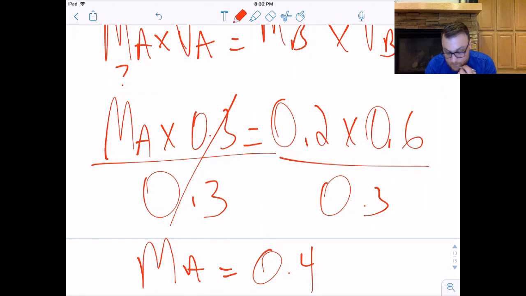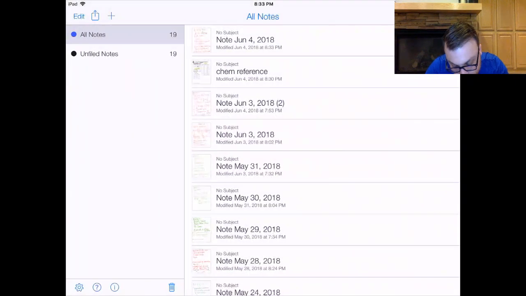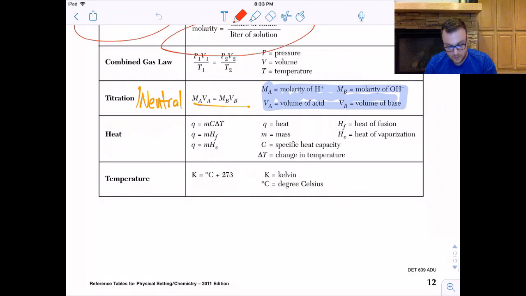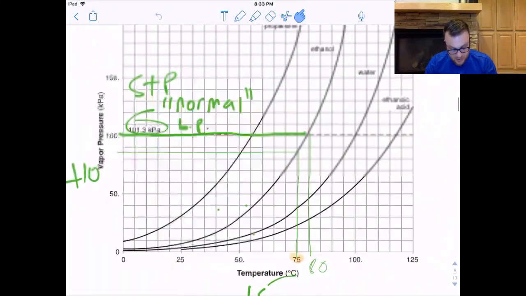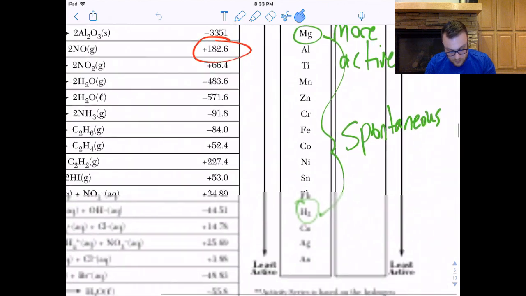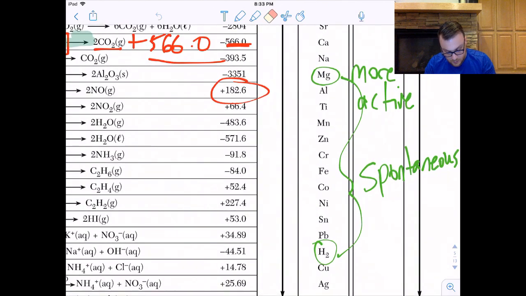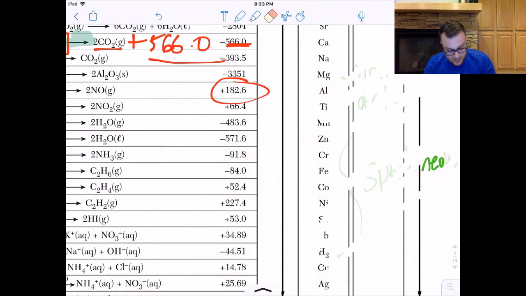Sometimes we'll throw in questions on Table J, which we've seen before. We love Table J. We know acids have H, so any metal above H will react with that acid.